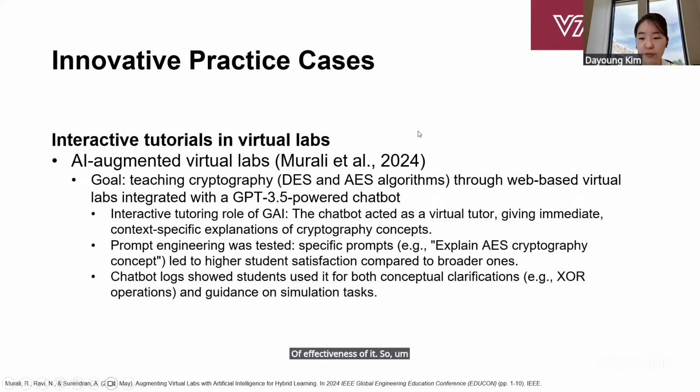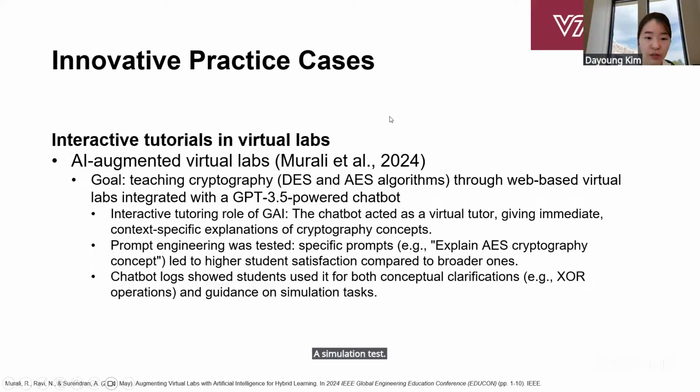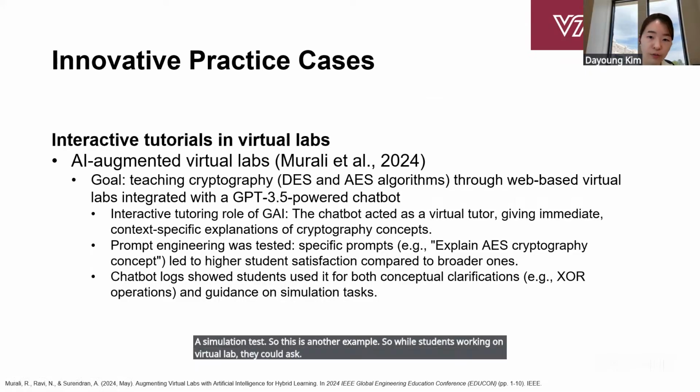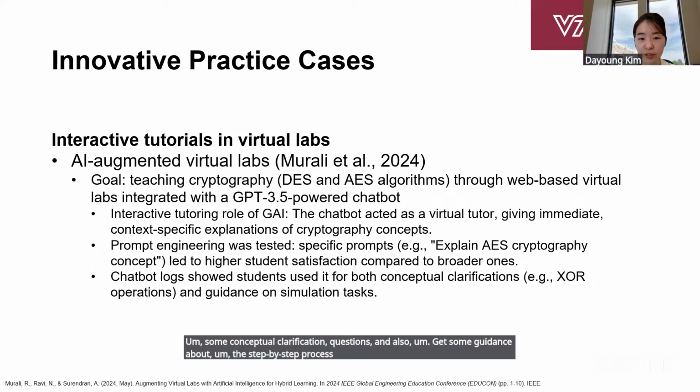They also found that students used the chatbot for both conceptual clarification during the experiment and guidance on the simulation task. So this is another example: while students work in the virtual lab, they could ask conceptual clarification questions and also get guidance about the step-by-step process of the experimentation.